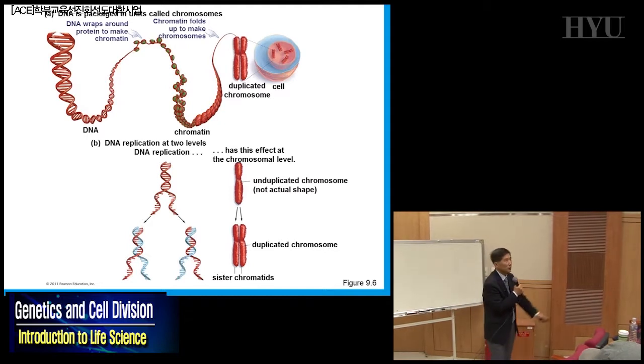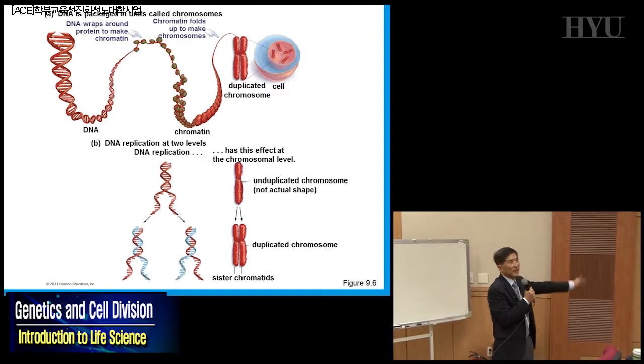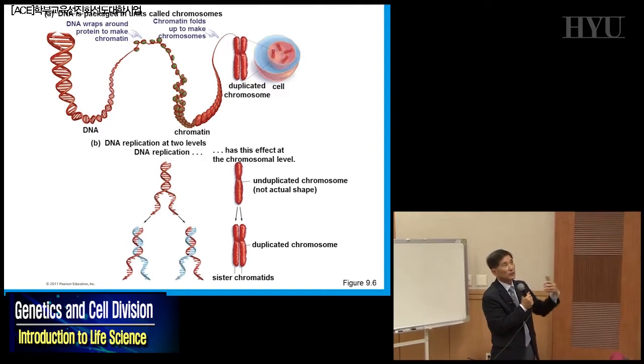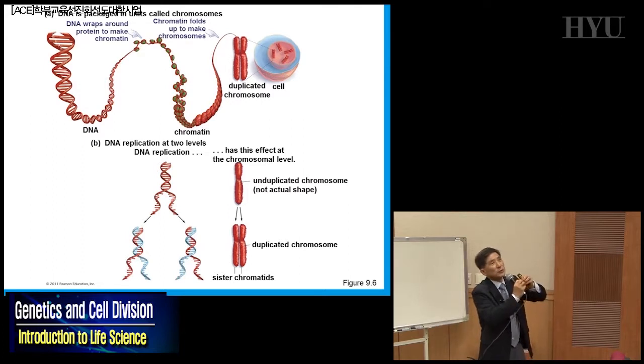Exactly. So you don't see this structure inside the cell. Why? Unless you decided to divide, there is no need to pack DNA like this. The only reason to pack like this is you're going to move, you're going to split into two. That's why they pack the DNA.